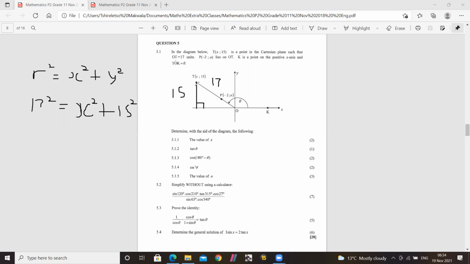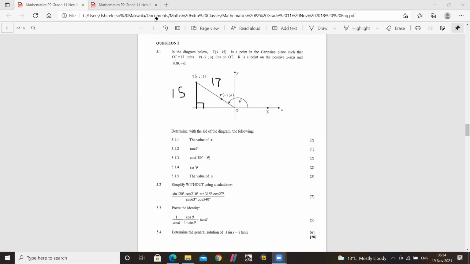Because x is on the left hand side of this Cartesian plane, whatever answer you get, the x must be negative. So that's how you solve for those types of questions. You use Pythagoras because you have two sides and it's a right angle triangle.